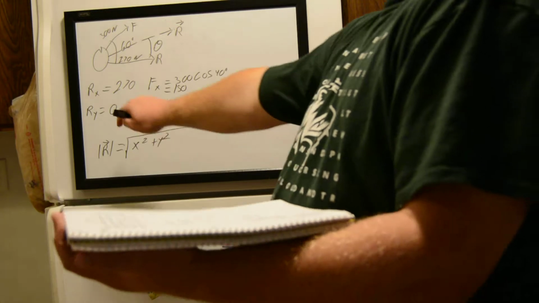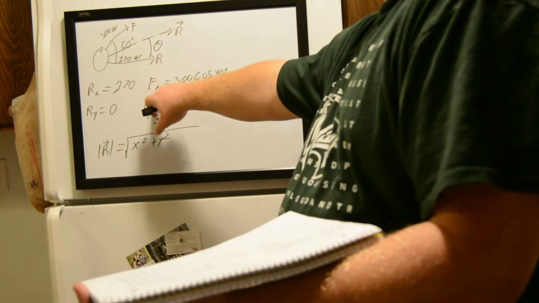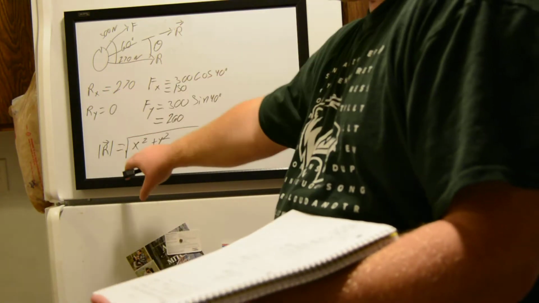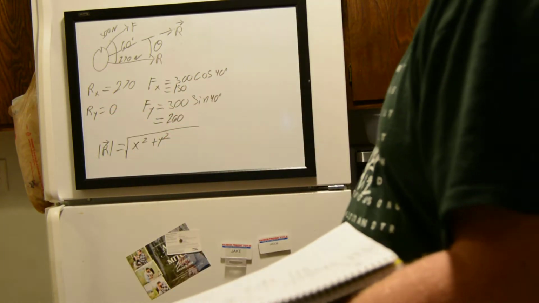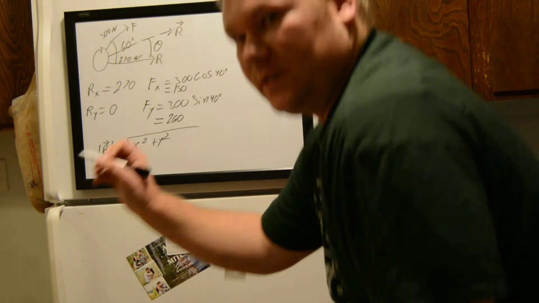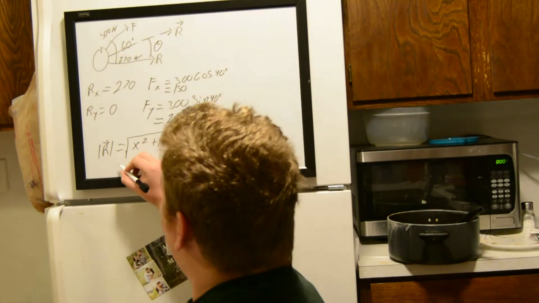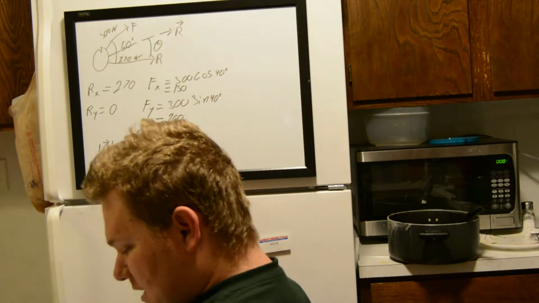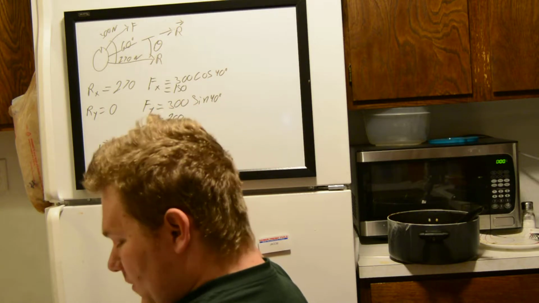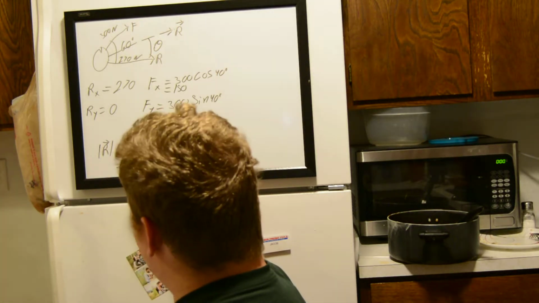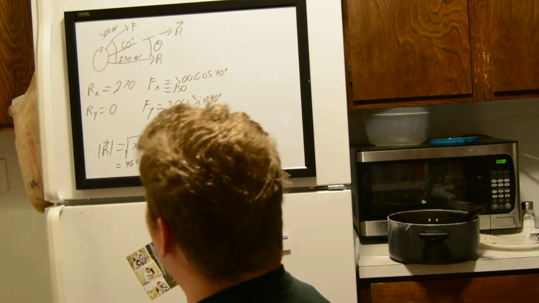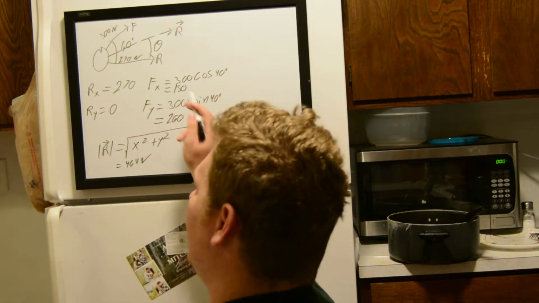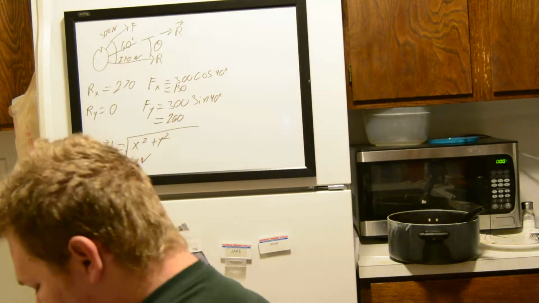That's your x components of each vector added together, quantity squared, plus your y components, quantity squared. That comes out to be roughly 464 newtons when you add all these together, square them, and then square root them.